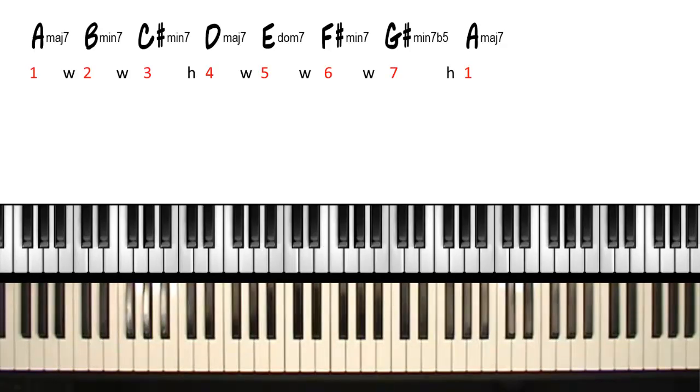Now the keys that will be used to demonstrate this chromatic chord progression are the key of A major and the key of D major. Now let's look at the keys.